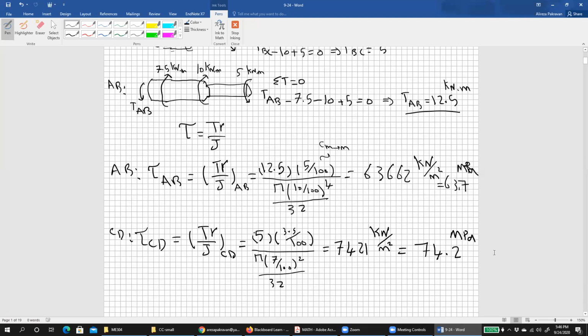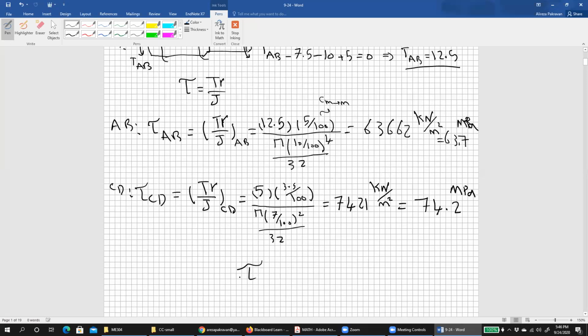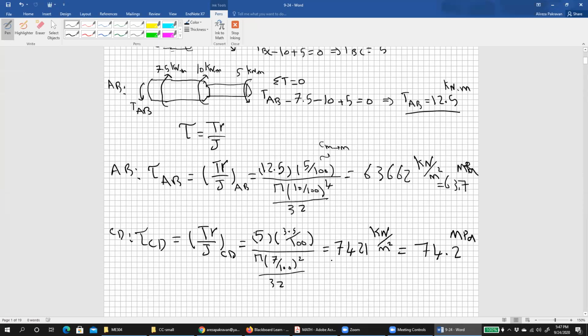So in this structure, what's the maximum shear stress? Tau max would be? 63.7. No, it doesn't ask us to find torque, just the maximum shear stress. Just compare these two: 74.2, right?